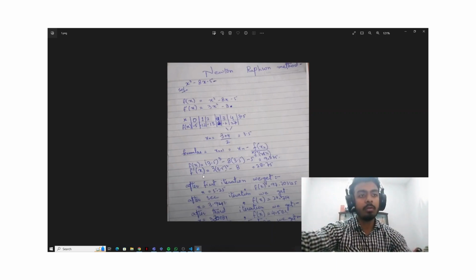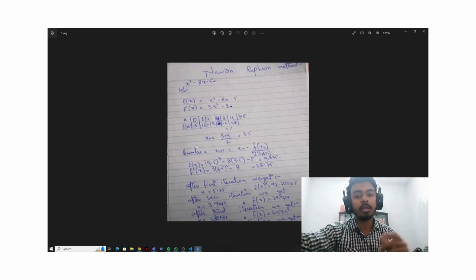Then we also put 3.5 in our first derivative, and we got 28.75. Afterwards we do iterations by putting the values in the formula given here for the Newton-Raphson method, and then we check the iterations until we get close to the root.